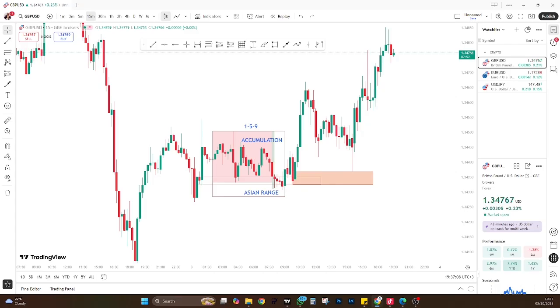It wants to trap people, and that is why you will find that between 1 p.m. and 3:30 p.m., actually the main move will start from 3:30 p.m. and exactly 4:30 p.m. we continue with the move that started in the morning.